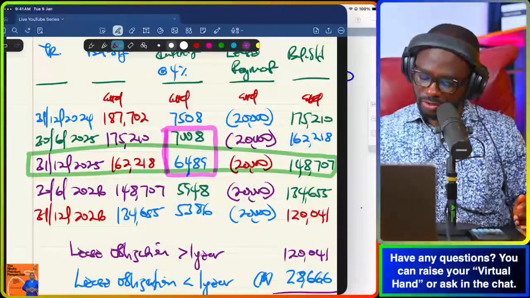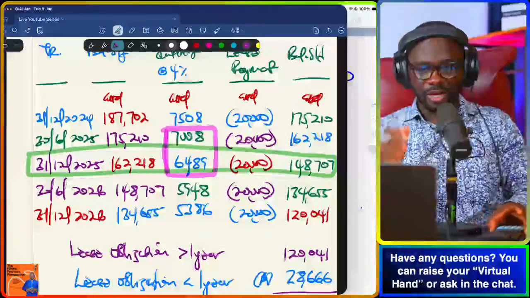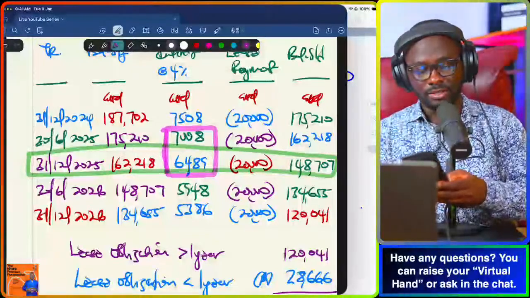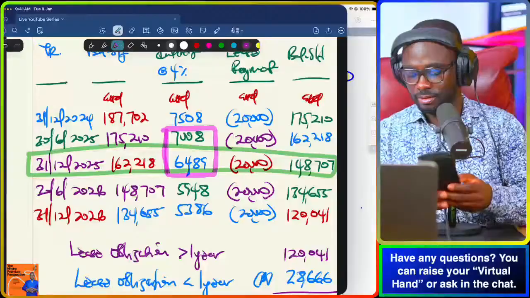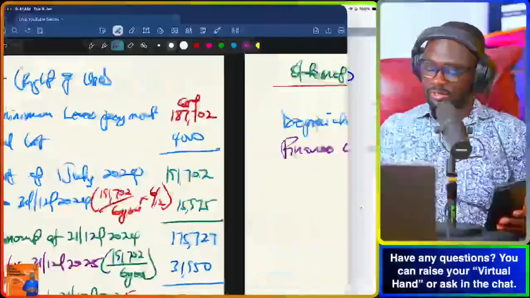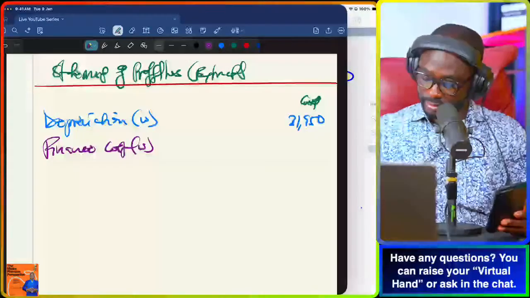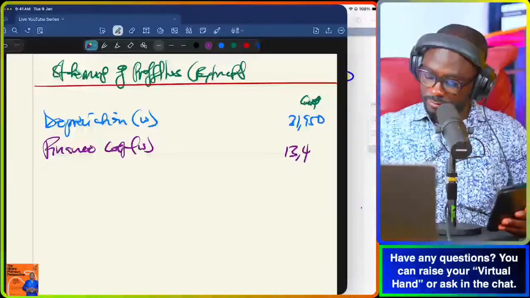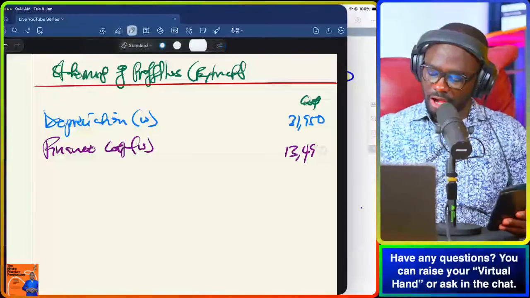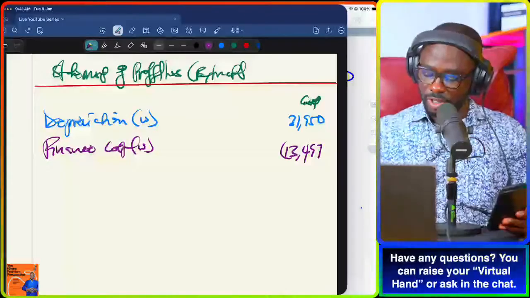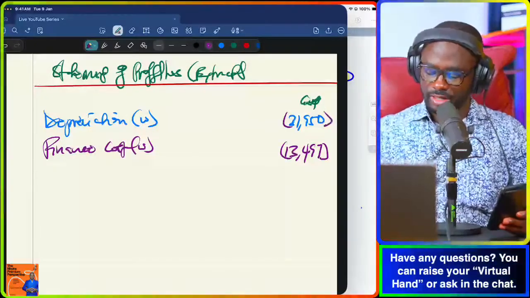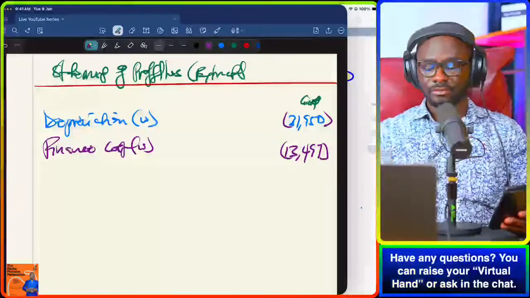So the addition of these two guys, because it's biannually, that'll be 7,008 plus 6,489. And that'll be 13,497. Now, these are all cost items, so you can leave them like that, or if you want to put them in brackets. It's an extract financial statement.